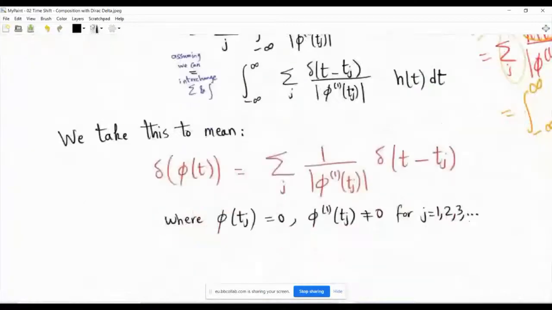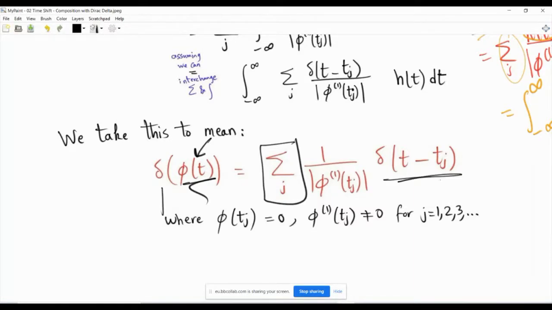The effect of composing a Dirac delta with some function phi, that is nice enough, continuously differentiable and has those properties, is that we generate a number of Dirac deltas, not just one. The number of Dirac deltas depends on how many times the function phi of t crosses the horizontal axis.